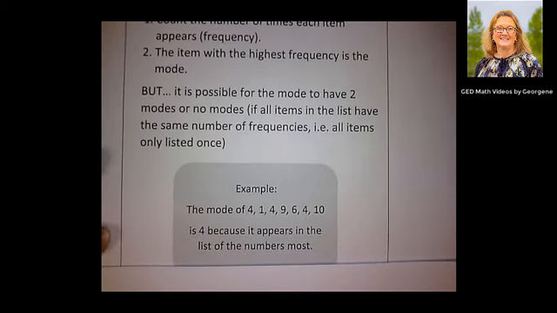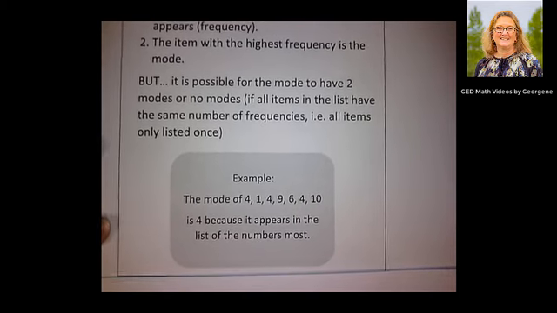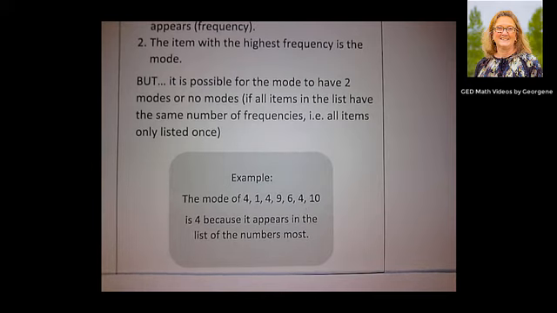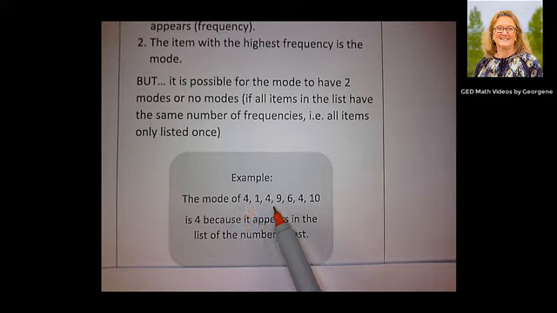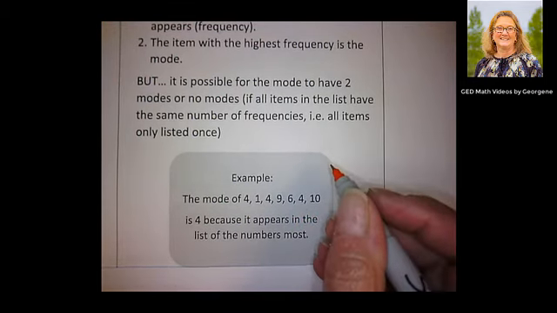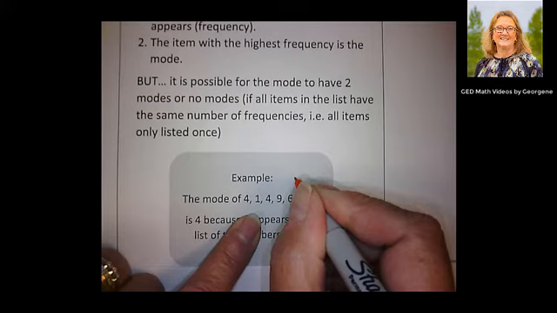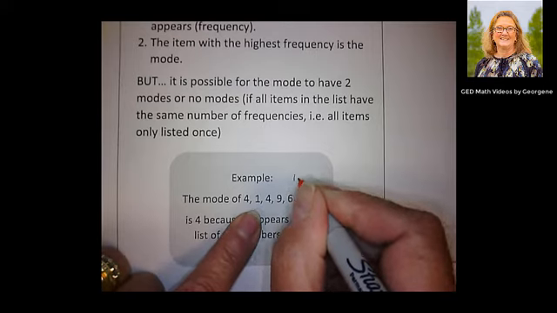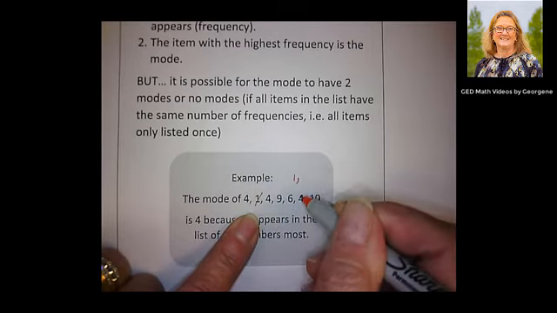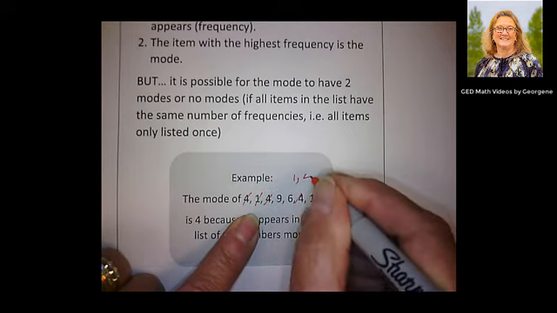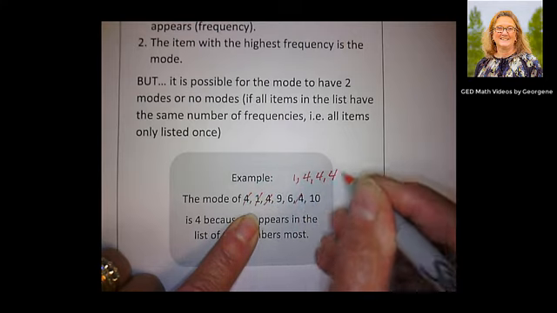Okay, here's an example. We're going to find the mode of this set of items. We can rearrange them, take the time and order them if we want to. So we've got 1, and then it looks like we've got 3 4s: 4, 4, and 4.